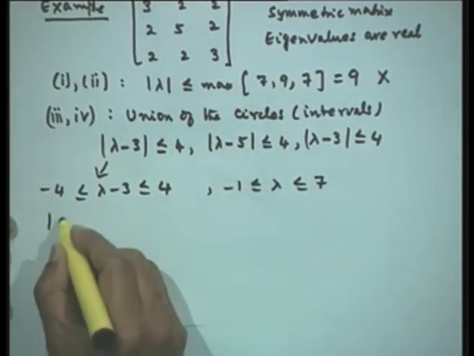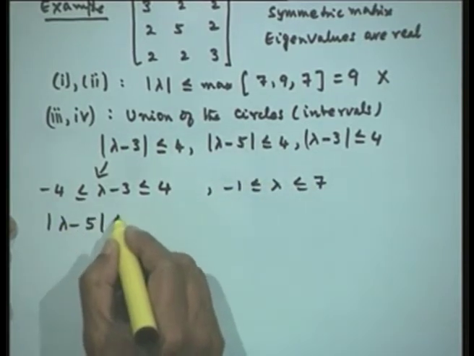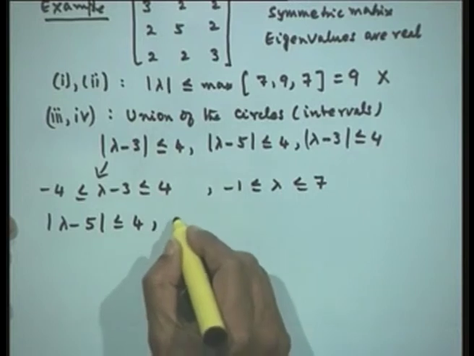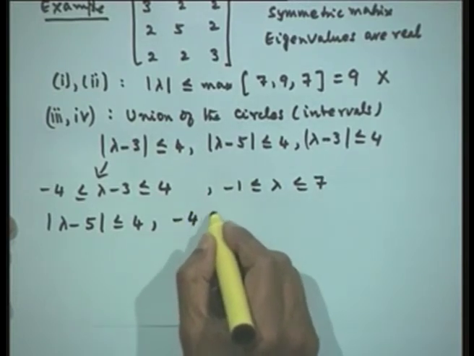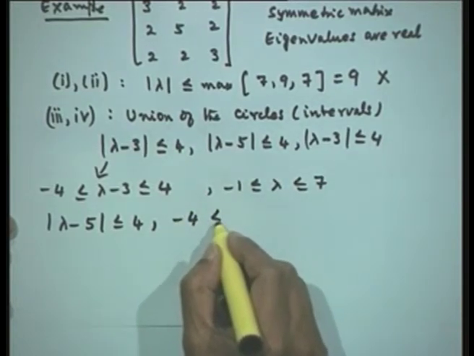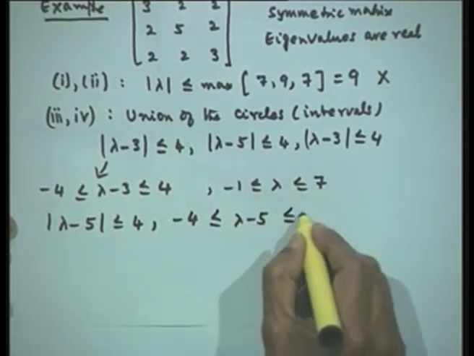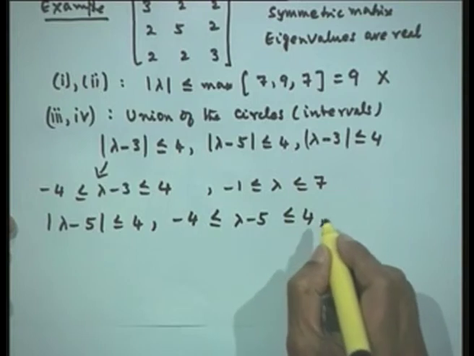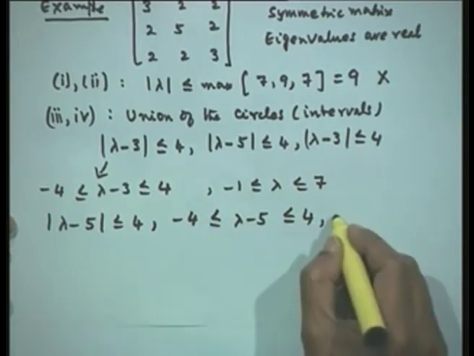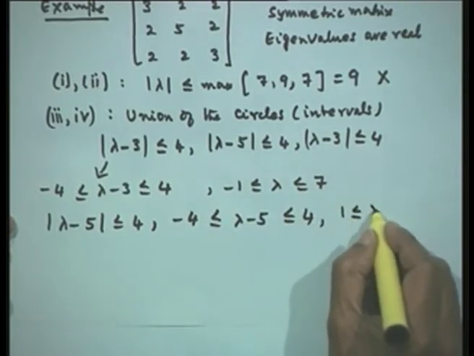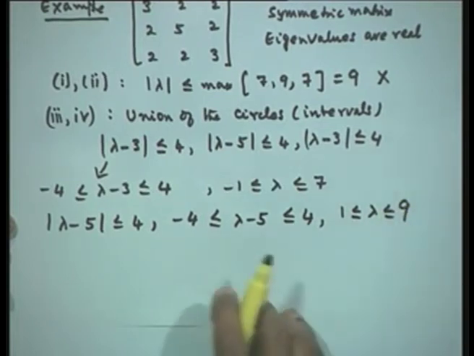The second one gives us lambda minus 5 less than or equal to 4, that is minus 4 less than or equal to lambda minus 5 less than or equal to 4. I bring it to this side. So, I will have 1 less than or equal to lambda less than or equal to 9.